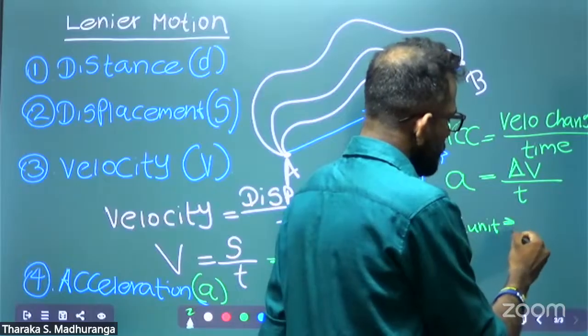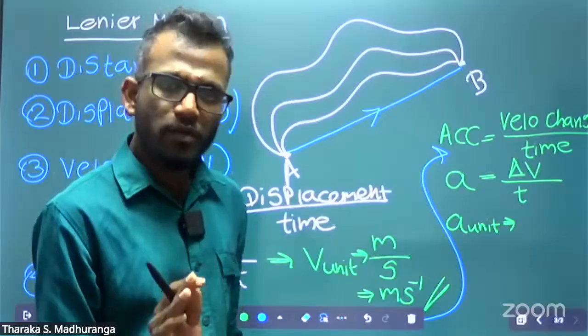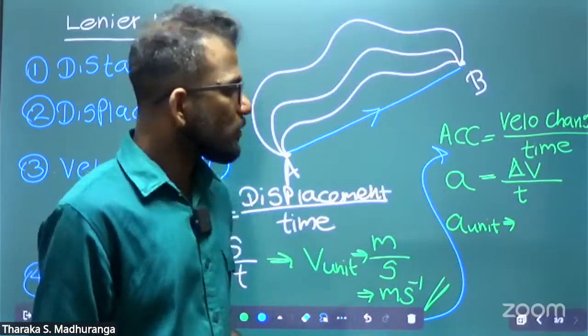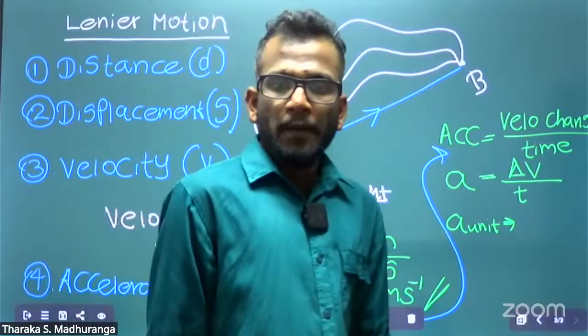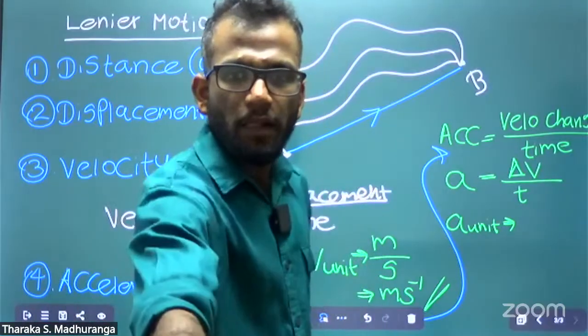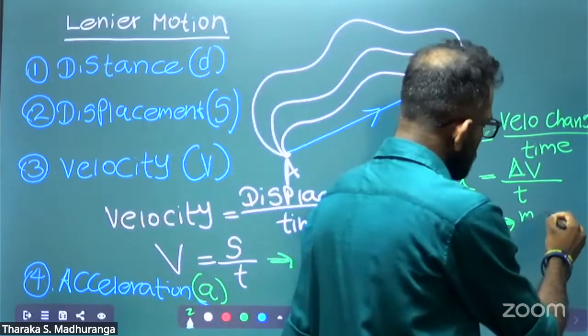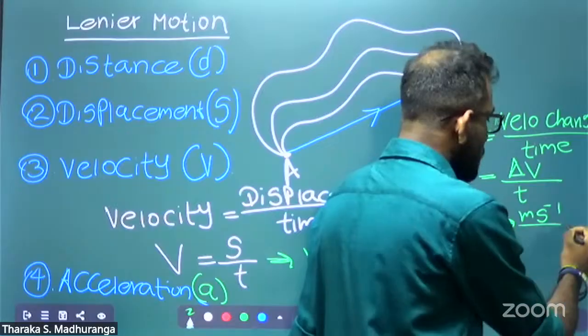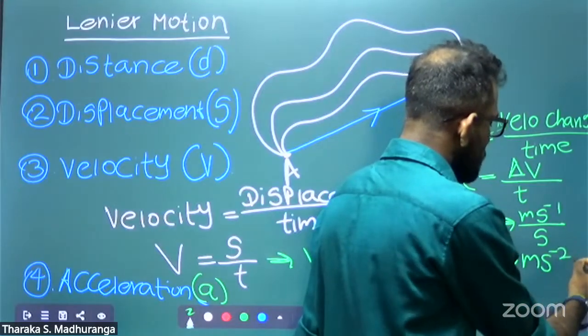What's the unit of acceleration? If you forgot any point, please note down. Yes, it is m s minus 2, m s minus 1 divided by seconds, which is again m s minus 2.